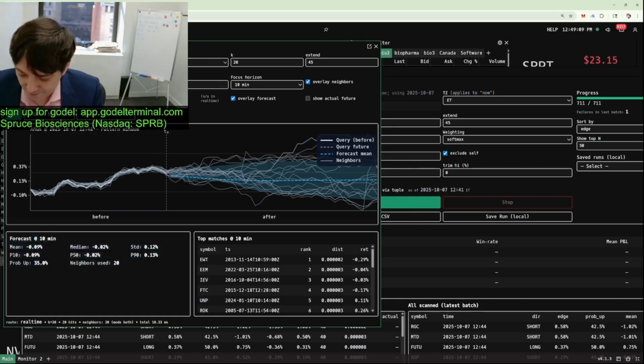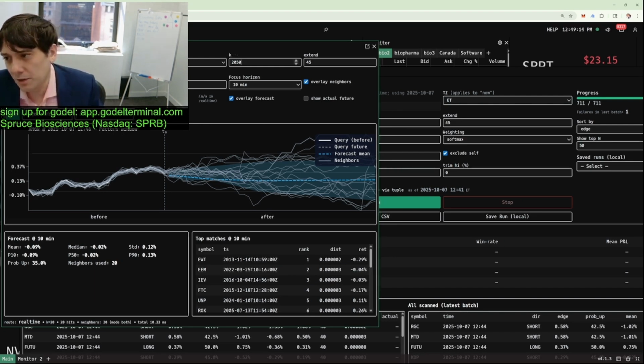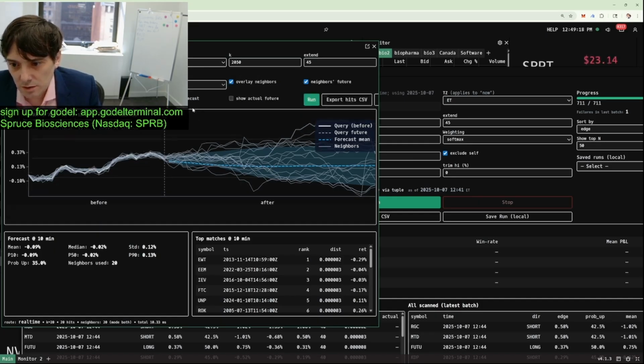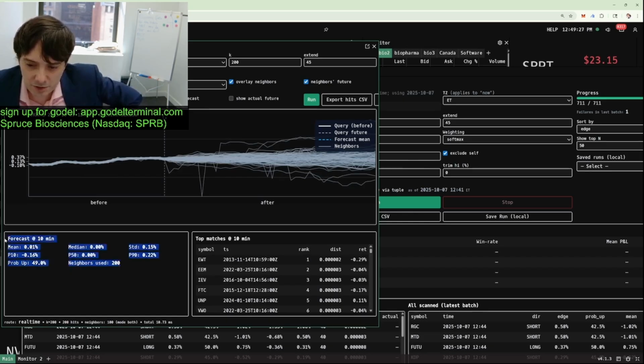So for example, if K neighbors is 100 and you want 50 nearest neighbors, you can run it that way. Neighbors used here is 200. Here's the mean return, the median return, standard deviation, probability that it'll be up in the next 30 minutes. And so it's like TA on steroids, which is statistical arbitrage.